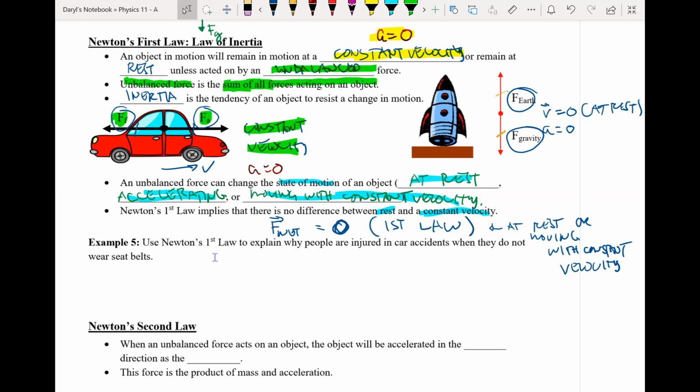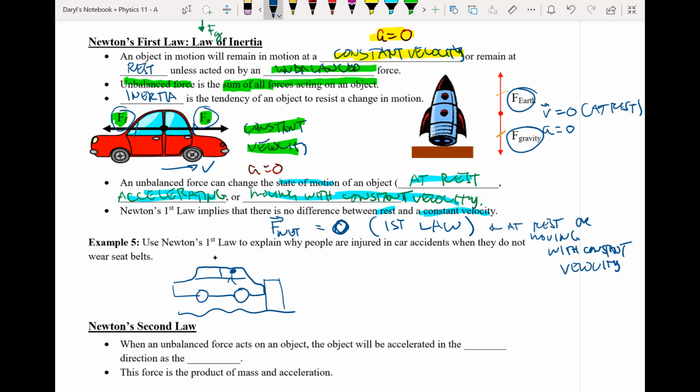Say you have a car moving and a barrier somewhere ahead.